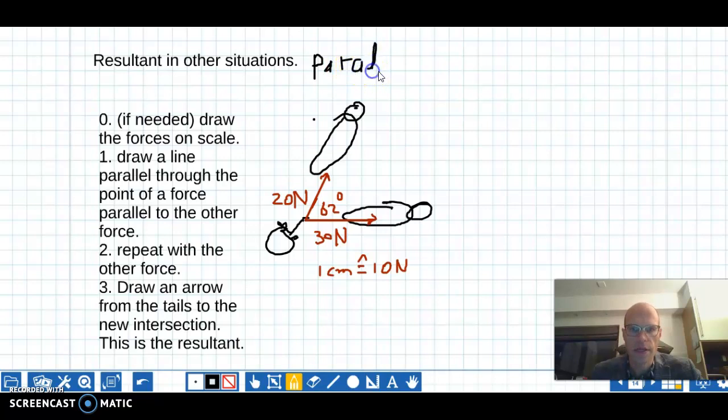And a parallelogram is not a science word or a physics word, it's a math word. And you can see in it the word parallel. Well, first of all, to give you an idea of what is going on.